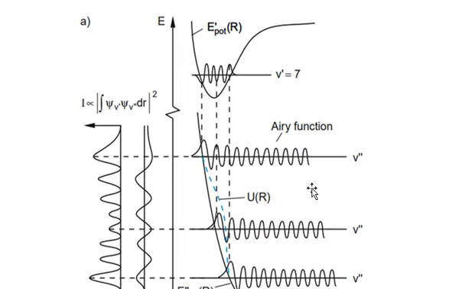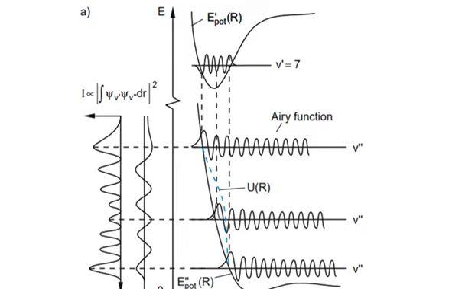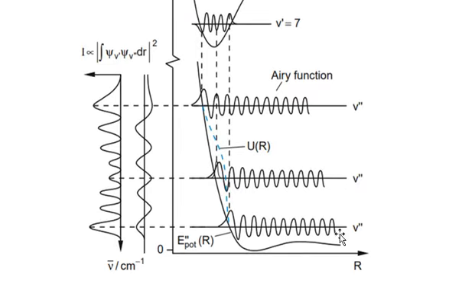And the transition probability of these transitions as Airy patterns have been shown for three different vibrational levels of the repulsive potential. So these are the vibrational levels v double prime, with different values, for example maybe 4, maybe 8, maybe 12, and something like that. But there is no need to specify these vibrational quantum numbers.